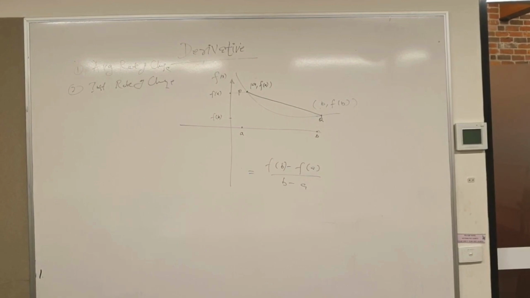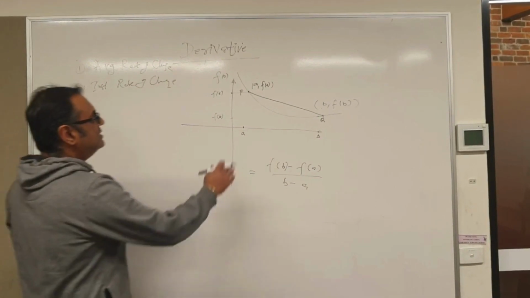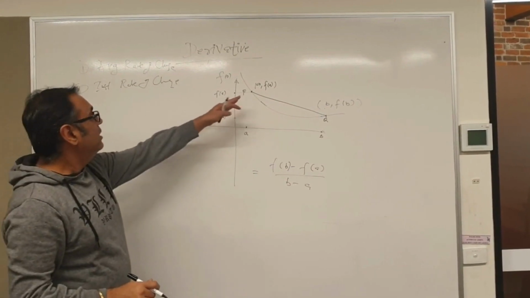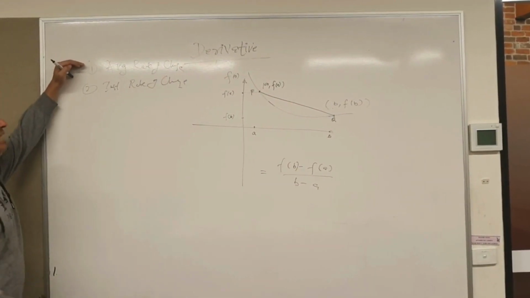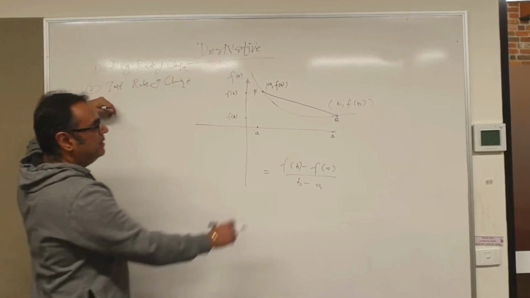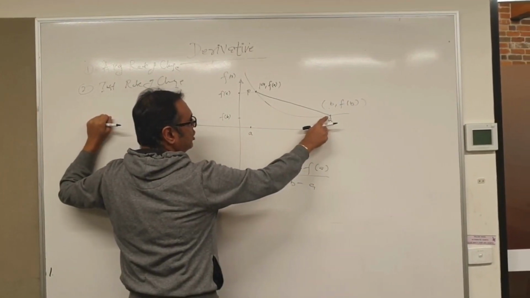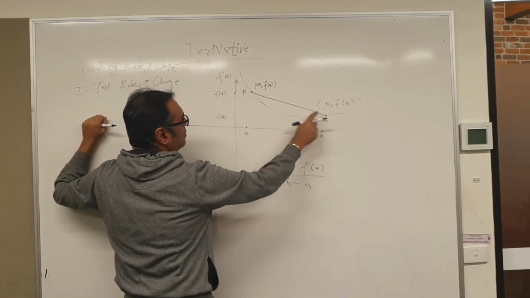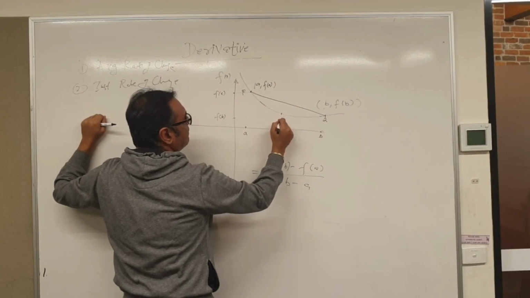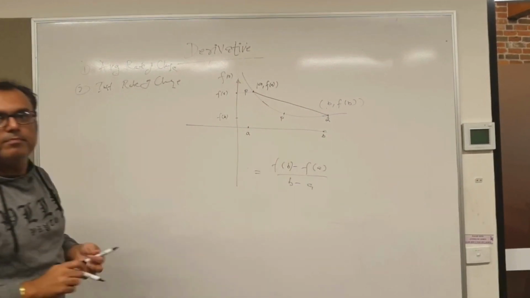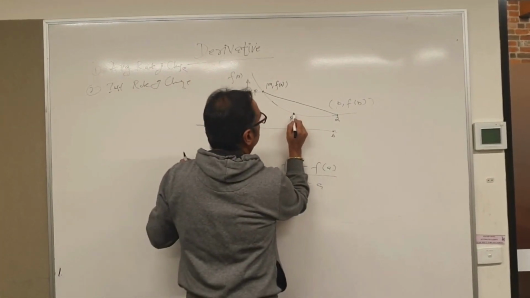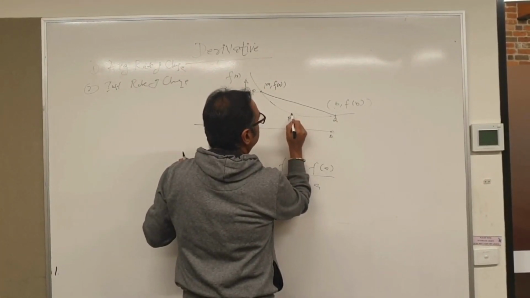Make sense? Now let's see, how do I convert the average rate of change to the instantaneous rate of change? Let's say I bring this P here. I say, find me the average rate of change. You say, all right, that's the line.